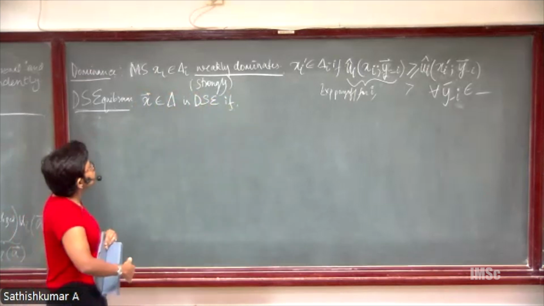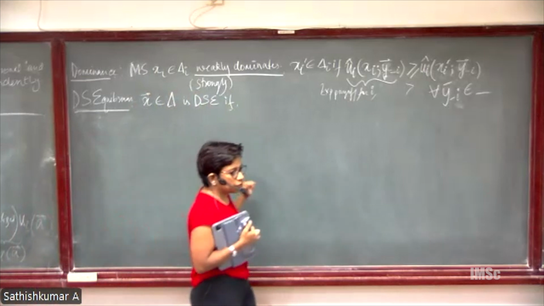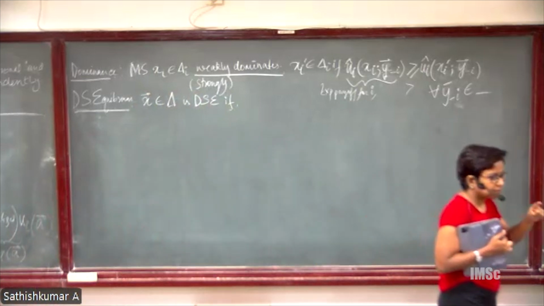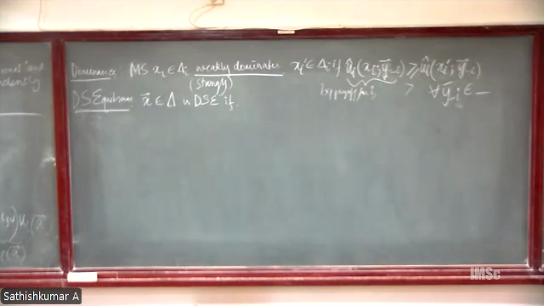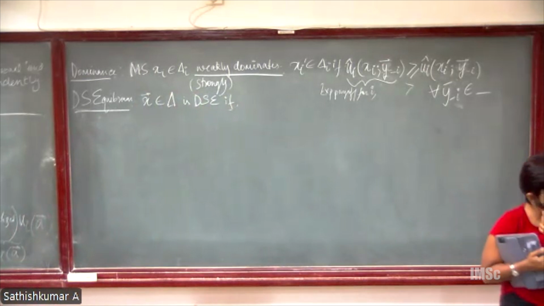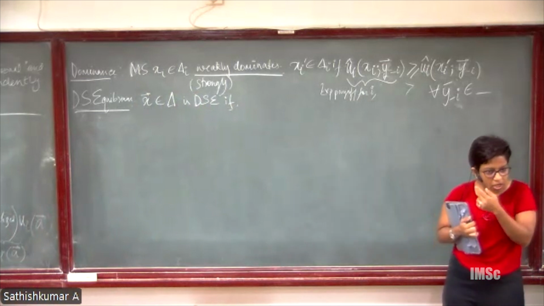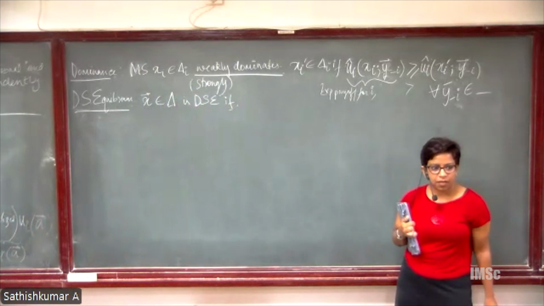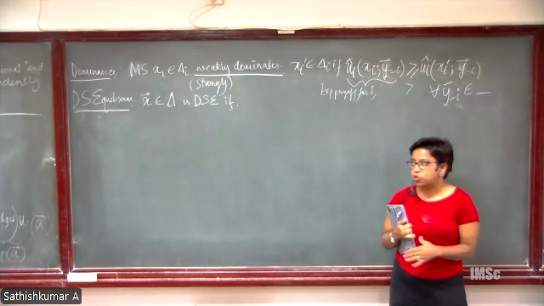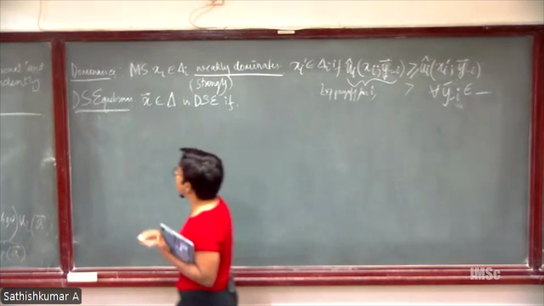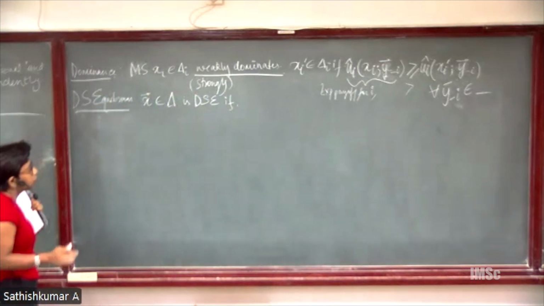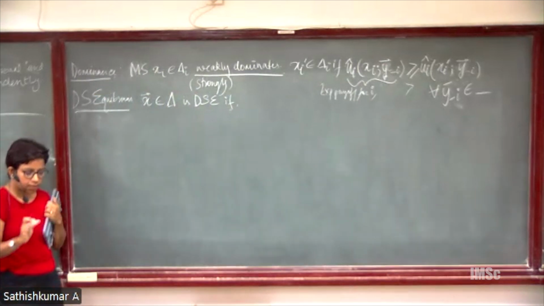I can't hear, I think. Okay, that unilateral deviation is for Nash equilibrium. Yes. So there's one step missing.